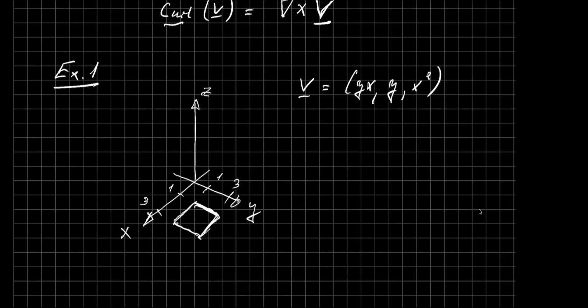Now, if I want to compute the circulation, then I will compute the circulation in the positive direction, that is counterclockwise, as seen from the top of the z-axis.